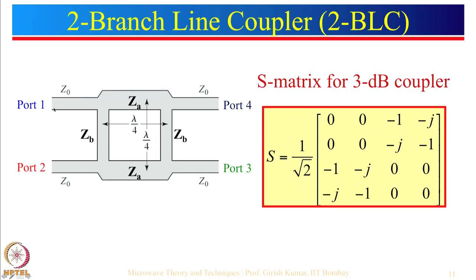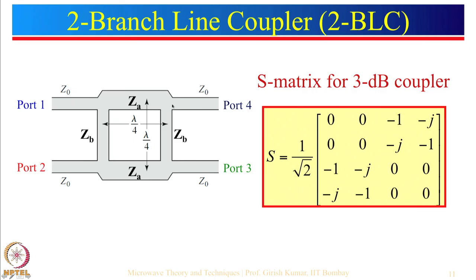Let us start by giving the input at port 1. When we give the input at port 1, part of the power will go here and part of the power will go here. When this power reaches here, it experiences a phase delay of minus 90 degrees. Why? Because the length is lambda by 4 and the phase theta equals beta L. Beta is 2 pi by lambda, into lambda by 4, will be 90 degrees.